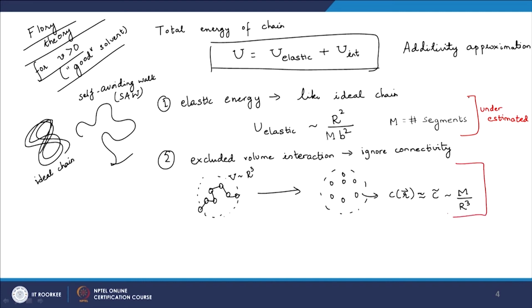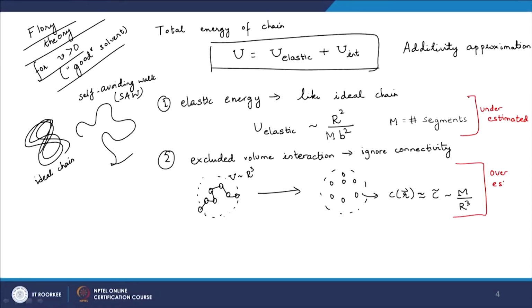Similarly, here, when we assume that the concentration is uniform, basically what we are doing is we are overestimating the interaction energy. The reason being that if I look at a particular segment, it cannot be the case that the other segments are uniformly distributed.